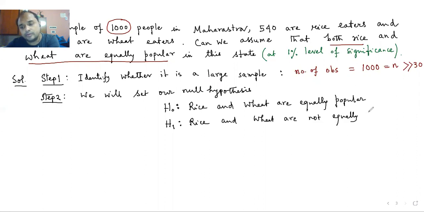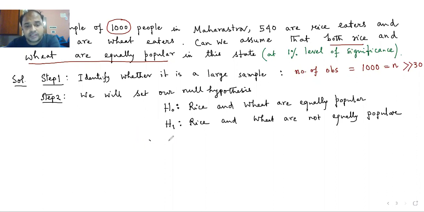Now, this statement that rice and wheat are equally popular, and the statement that rice and wheat are not equally popular, that literal statement will do no good actually, because we want a concrete mathematical statement.